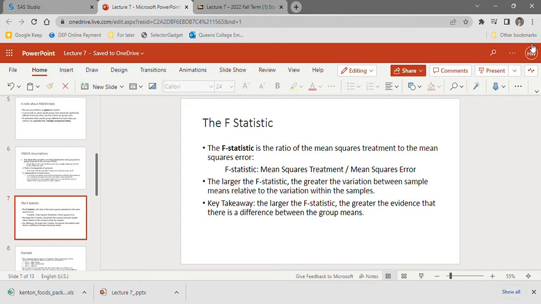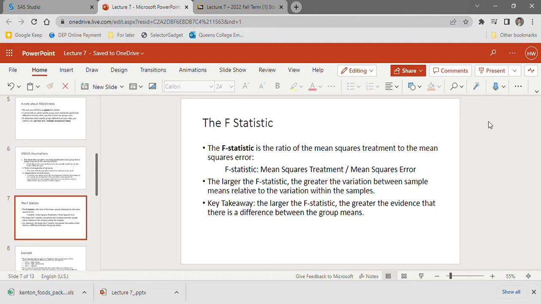So think about that for one second. Okay, I'm back. Sorry about that. So ultimately, the F statistic is calculated by taking the mean squares treatment divided by the mean squares error, right?